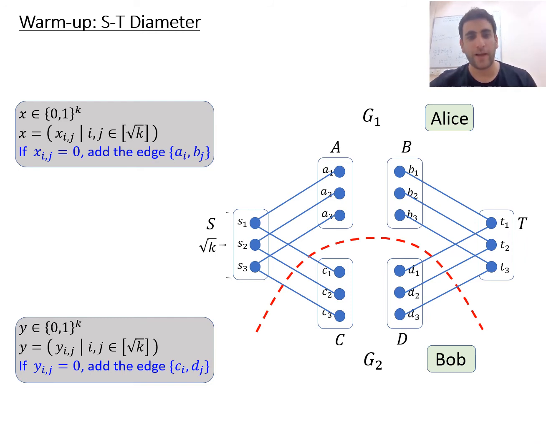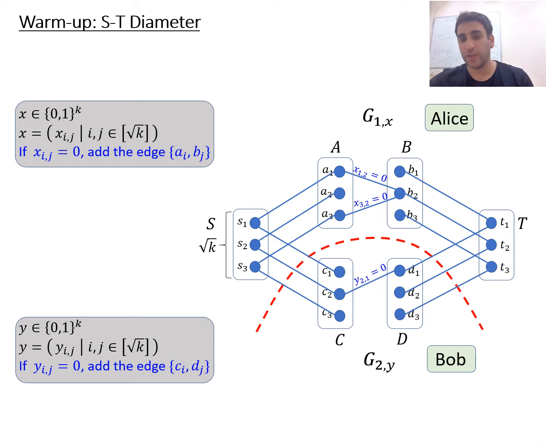In total we have k such possible pairs, so each pair corresponds to a specific position in the two strings. If x_ij is 0, then we add an edge between a_i and b_j. And if y_ij is 0, then we add an edge between c_i and d_j. So for example, if x_12 is 0, then we have an edge between a_1 and b_2. If x_32 is 0, then we have an edge between a_3 and b_2. And if y_21 is 0, then we have an edge between c_2 and d_1.